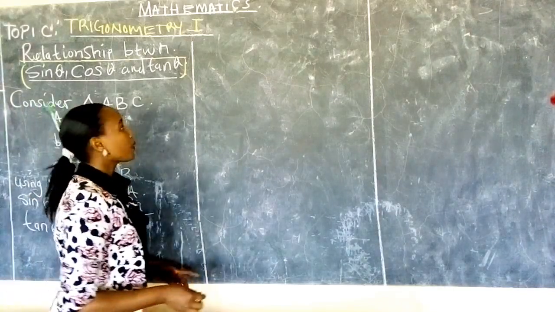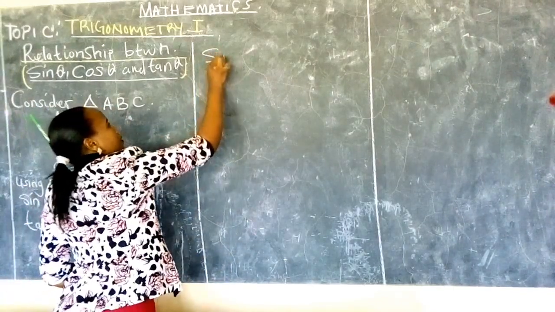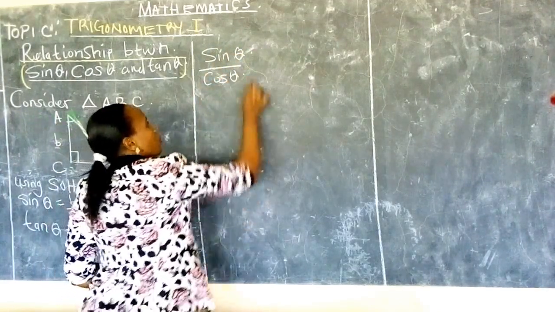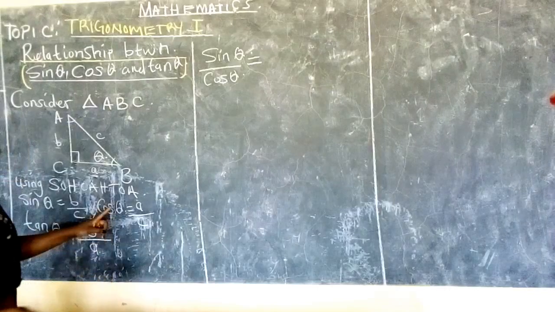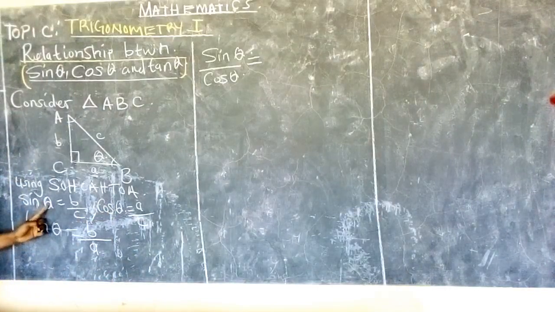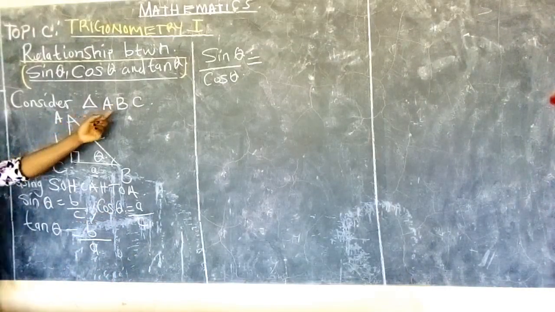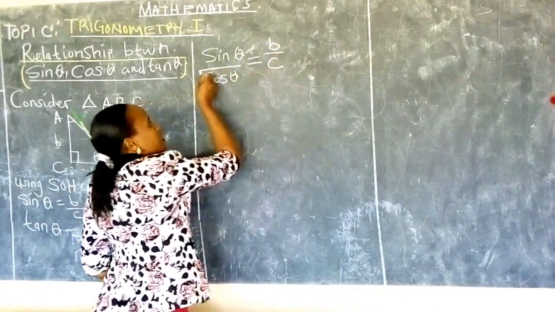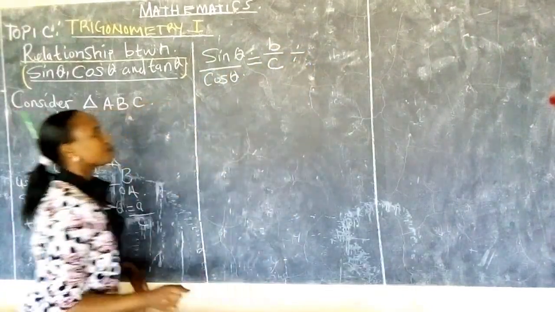Now, if we take sine theta over cos theta, what do we have? Remember, sine theta, in reference to this triangle ABC, is B over C. This line means we divide.